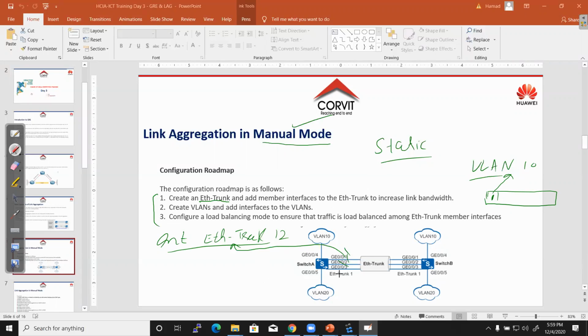Then in this bundle, you have 24 ports on a switch, so you need to select which interfaces are going to be members of this bundle. You can select 2, 4, or 8 interfaces. These are the recommendations.